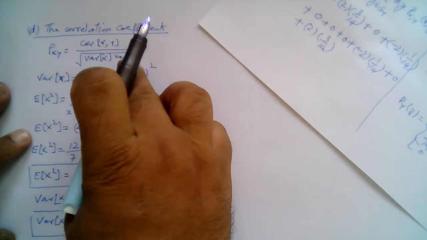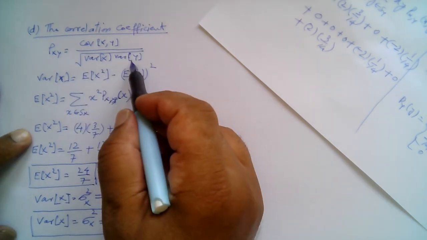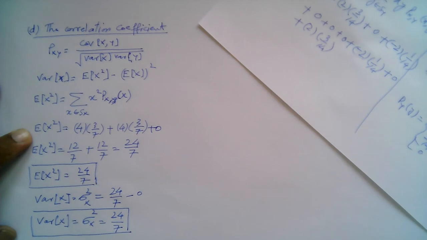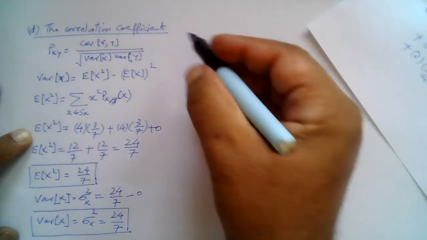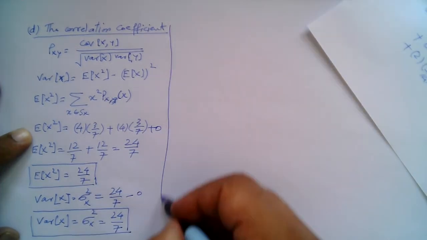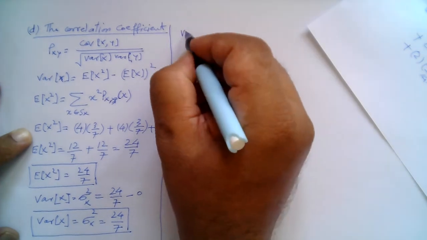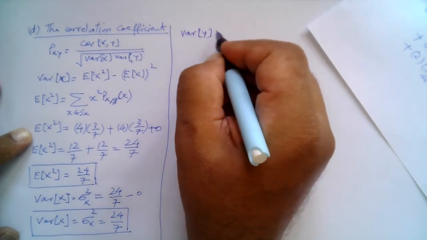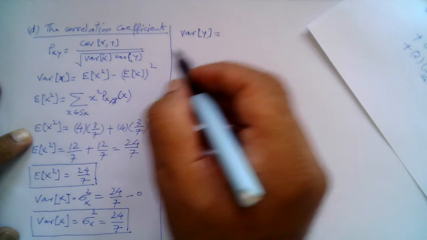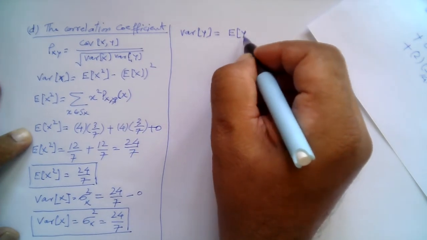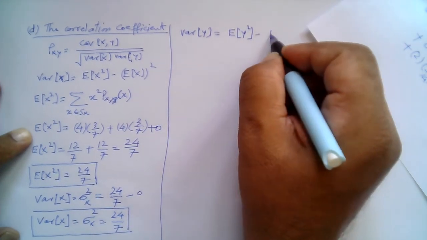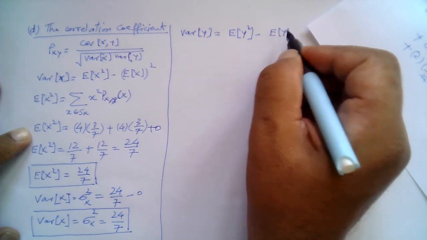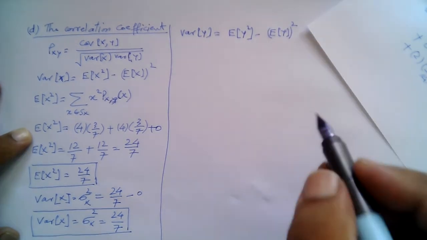Now we calculate the value of the variance of y, before we can calculate the correlation coefficient. The variance of y is given by a formula similar to this one: expected value of y squared minus the square of the expected value of y.